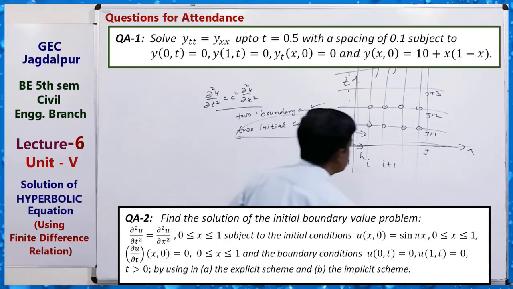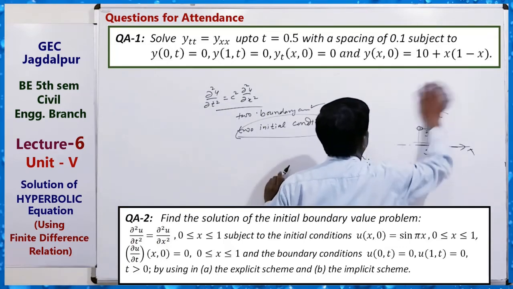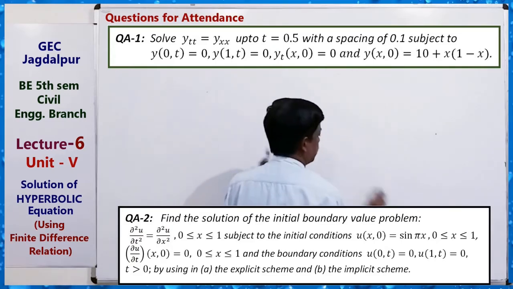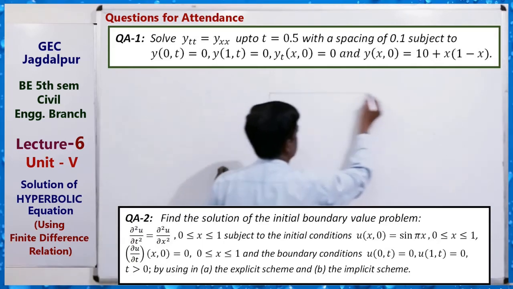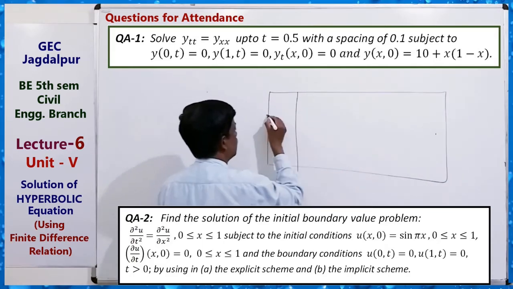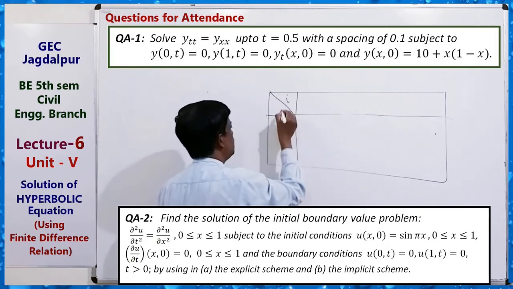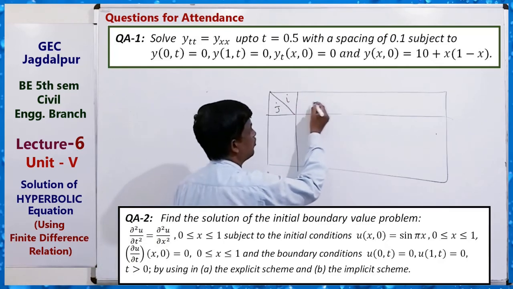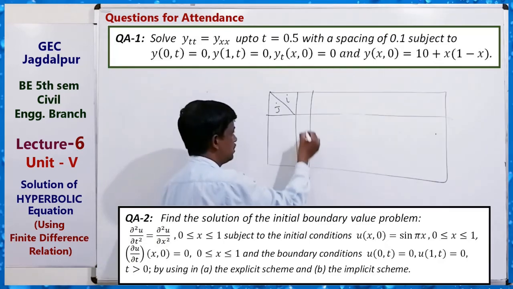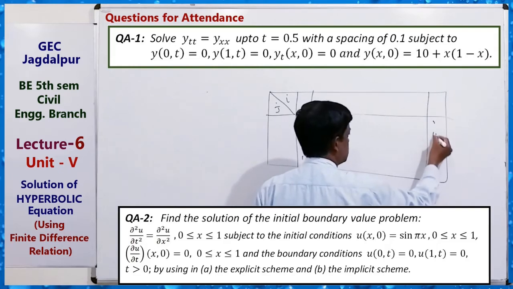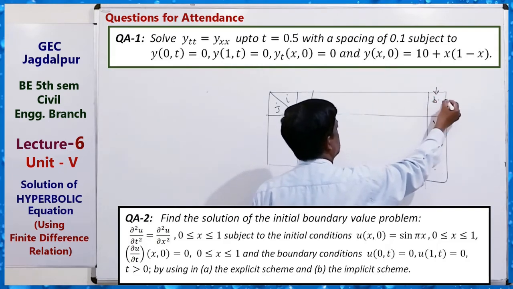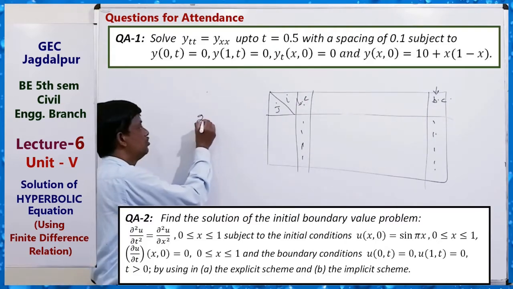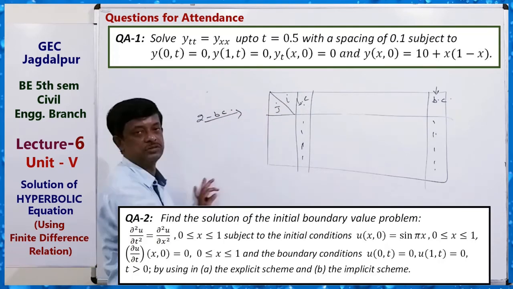That's why we are making a table like this. How? Just make a table for getting values. Here I, here j. First of all decide the values of I: 1, 2, 3, 4, 5 and so on. So this is the first column and this is the second column, boundary. From the boundary conditions you can get these two values.